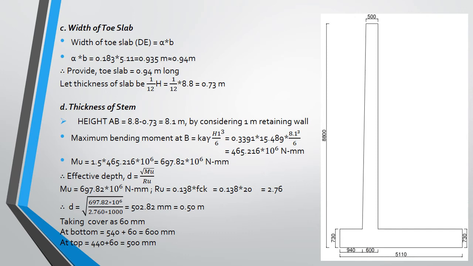Thickness of the stem is arrived at by using the formula, using the maximum moment at B and the effective moment.